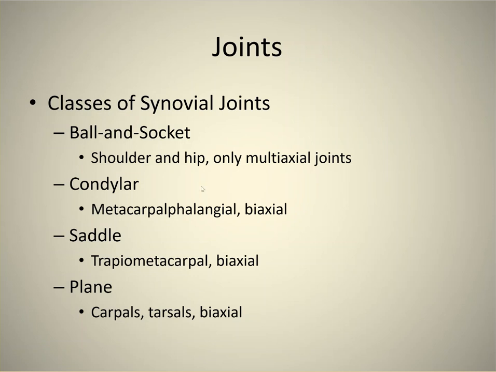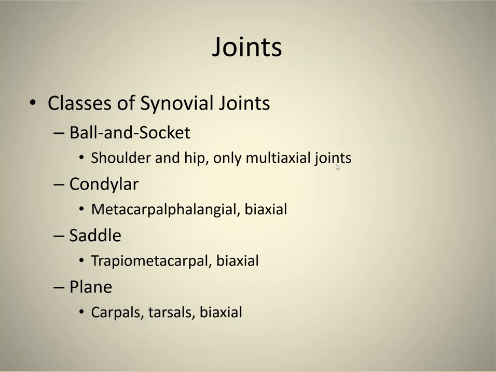Then there's something called condylar, which is just two convex, curved surfaces, the metacarpal phalangeal joint, which is a long way of saying the one between your fingers and your hand. That's biaxial. You can move it forward and backwards, and you can do the Spock sign to one side.